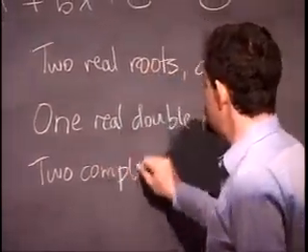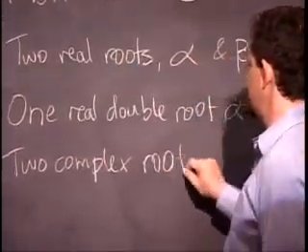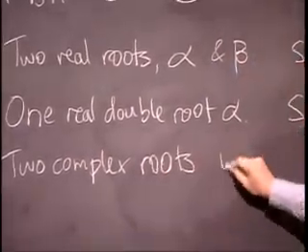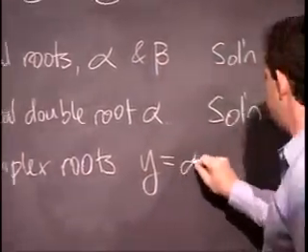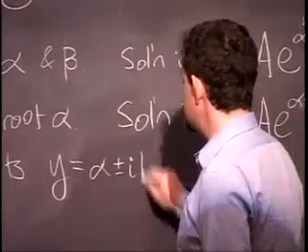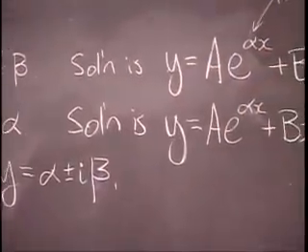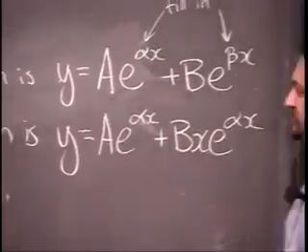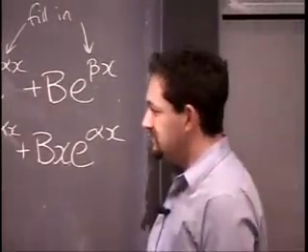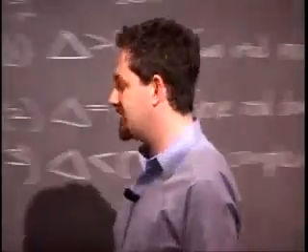What you have to realize is that they can be written in the form alpha plus or minus i beta. We'll see an example of that soon. So the roots must be alpha plus or minus i beta, where i is, as it was last week and the week before, the square root of minus 1.